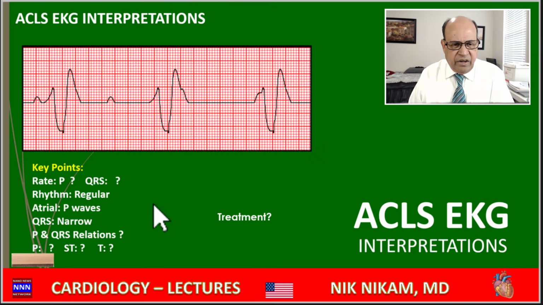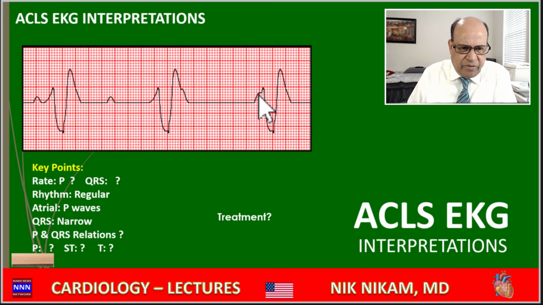Pause here for a second, see what you are looking at, and tell us what your diagnosis is, and we will continue. We are looking at a wide QRS complex. We have seen two P waves, which also shows evidence of bradycardia, and we don't see the third P wave. The third P wave may be here, and the fourth P wave perhaps may be here, because if you look at this upstroke, it's different from this one and this one. So we have P waves beating independently of the ventricles.